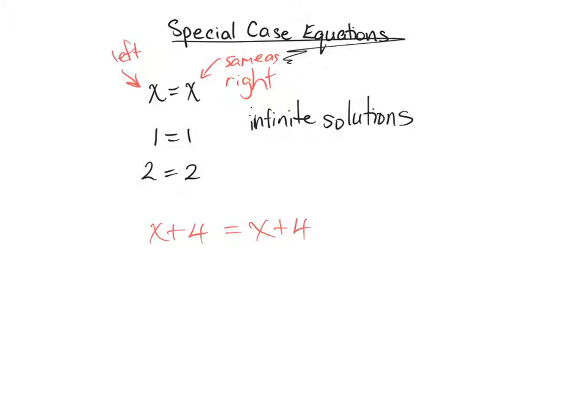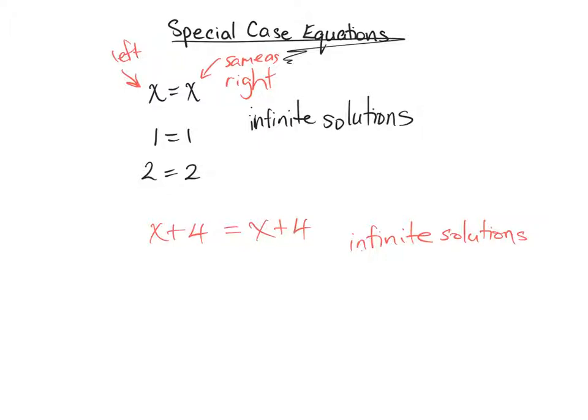Well, since the left side and the right side are exactly the same, this will also have infinitely many solutions. So again, as long as the left side is equal to the right side when you simplify it, it has infinitely many solutions.